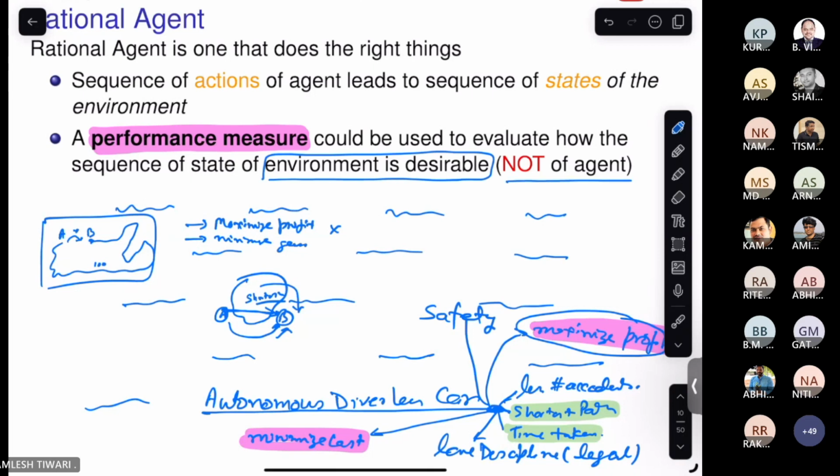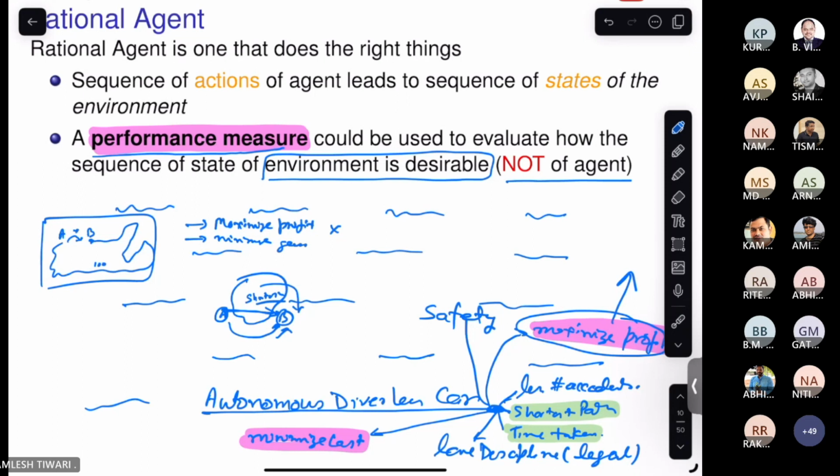The company is making this particular autonomous vehicle because it wants to maximize the profit, but the performance measure should be based on how good it is going to be inside the environment, how good it is going to be on the roads, not based on the profit.